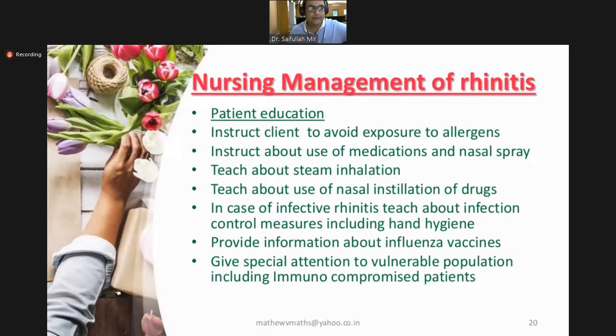And instillation of nasal drugs is very important because, like I said, if you put your head back, it goes down in your throat. But if you put your head down and then the nose, then it is in your sinuses. Hand hygiene, we can't stress enough about it. Sanitizers have become common these days.